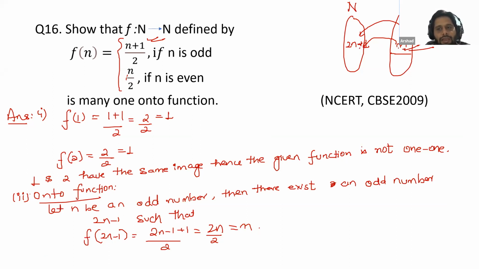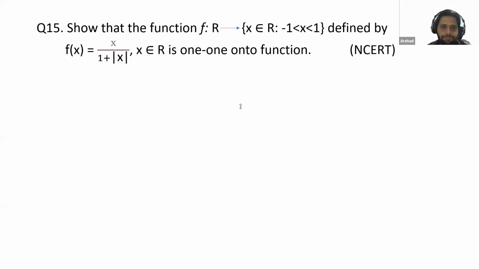So that means n has its pre-image, which is 2n minus 1. So all the odd numbers here have their pre-images here. So odd numbers we have checked. Now we will check for the even numbers. I don't have the space, so I will do the even number here.